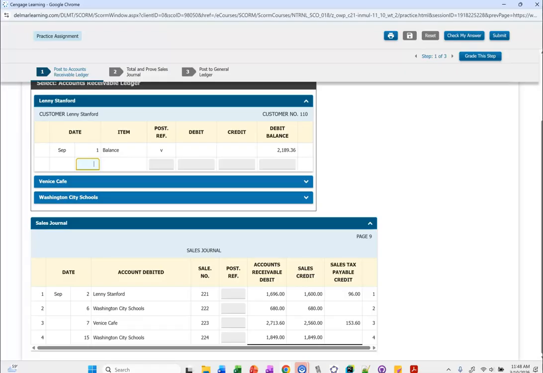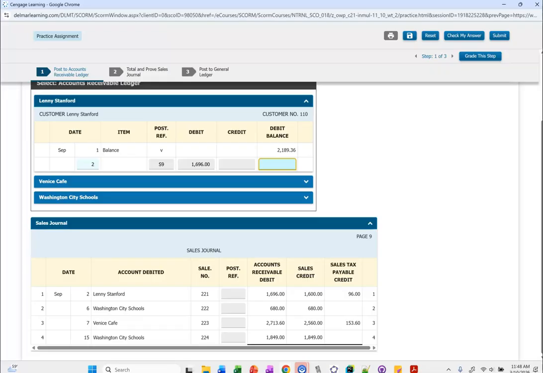So my date is 2, and my post reference would be the sales journal page number. So that's going to be S for sales journal, and then page 9. I have account receivable debit of $1,696.